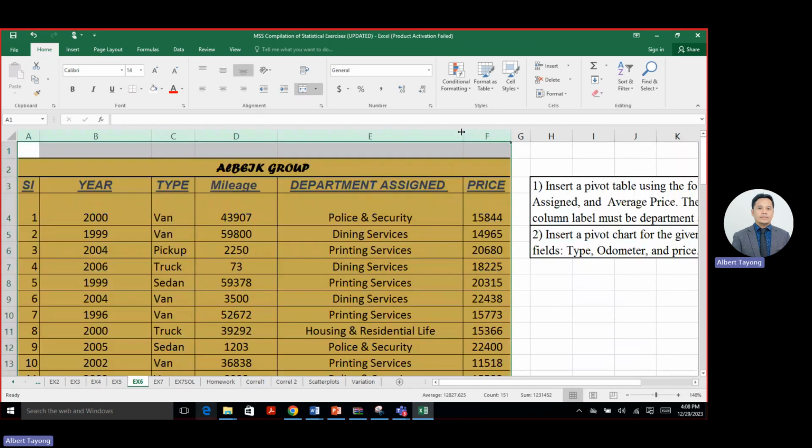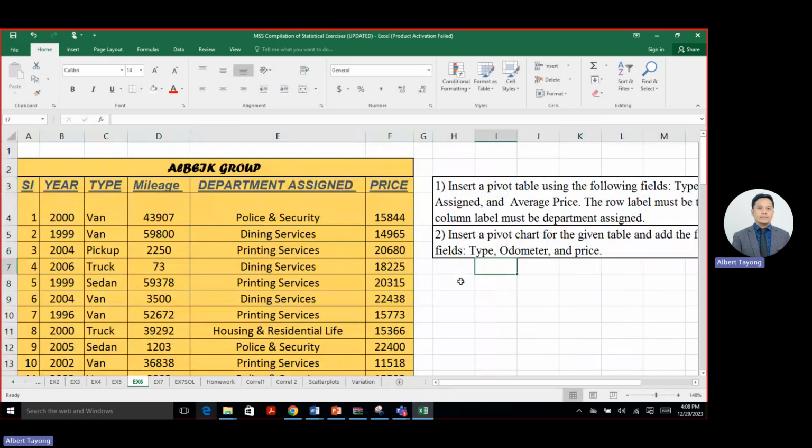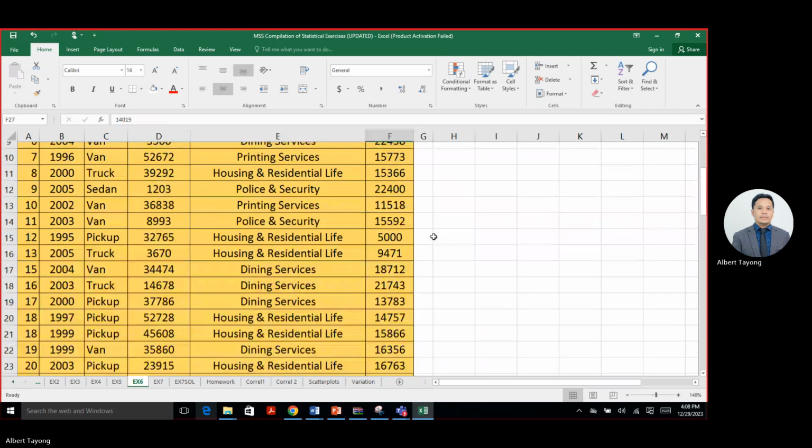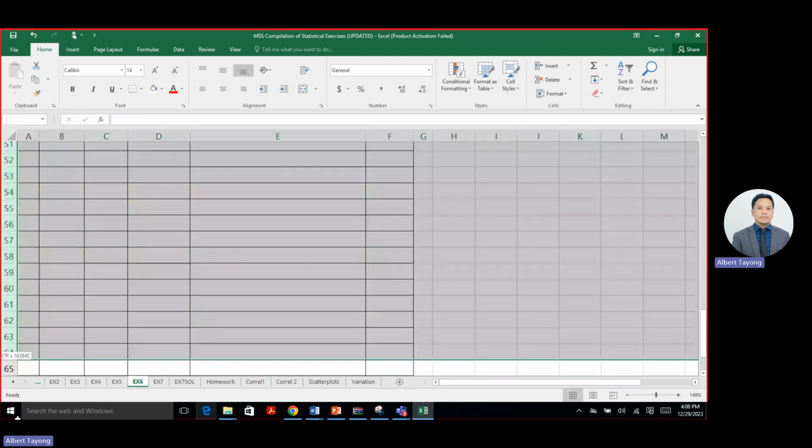Right, so whenever you see the words pivot table, what you're going to do is select the whole table starting from the first title. The first title is SI until price. Don't include the main title, Albay Group, until 14019. Now, in some cases, we have so many rows here. It could be 5,000 rows.